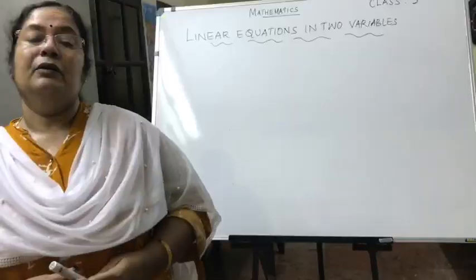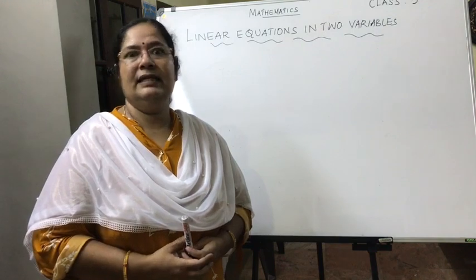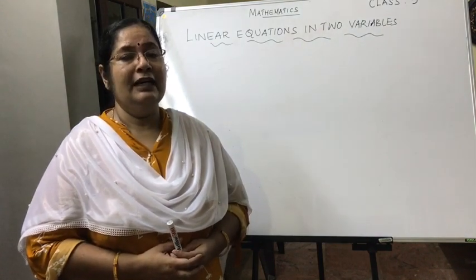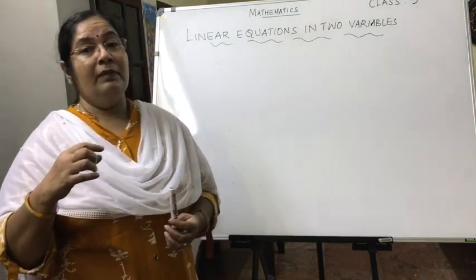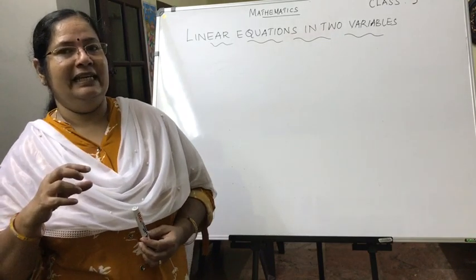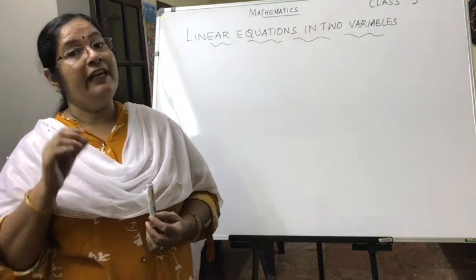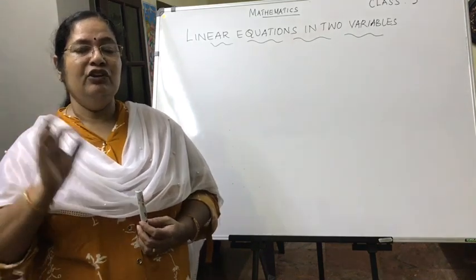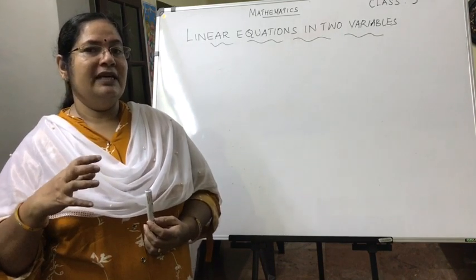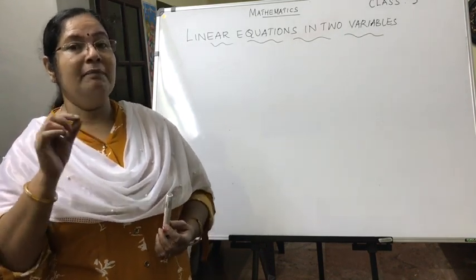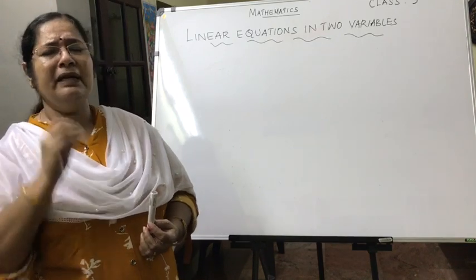Understood that? Now in class 6 and 8 also, you have learned how to form mathematical expressions for given statements. You will be given statements, and from the statements you have to form the mathematical expression. One small simple example.